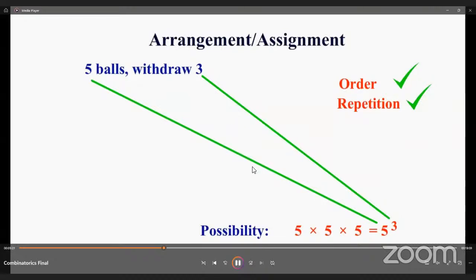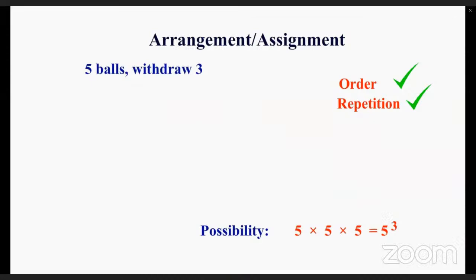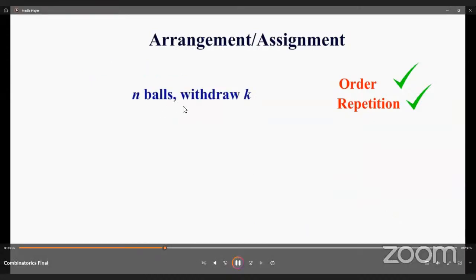So in general, if you have n balls and k withdrawals, how many possibilities are there? N to the power k.